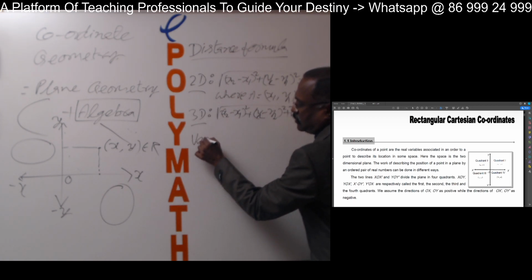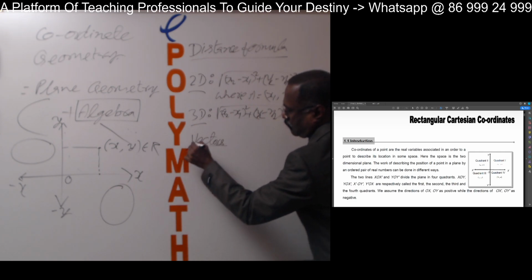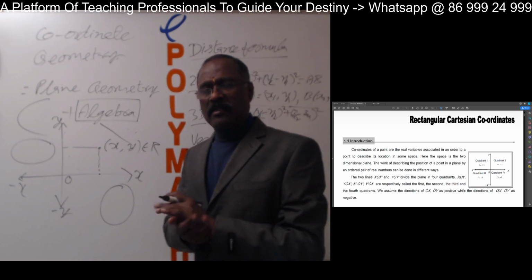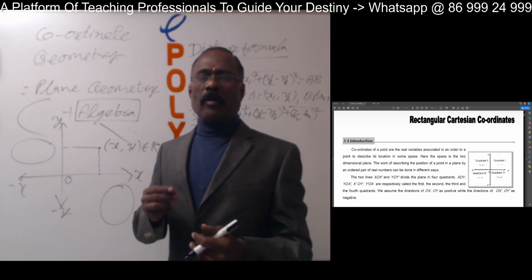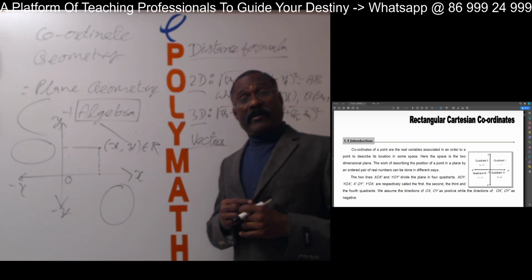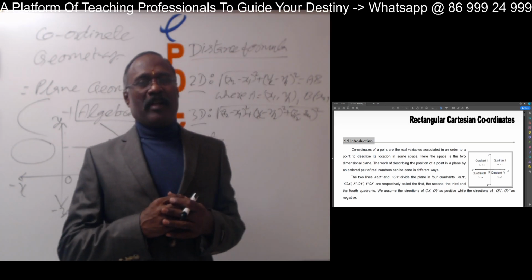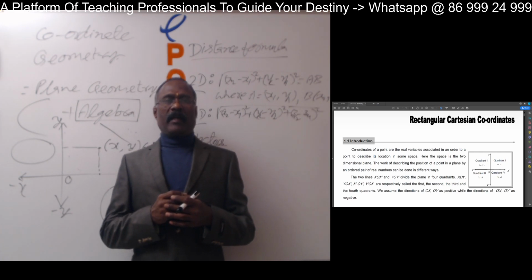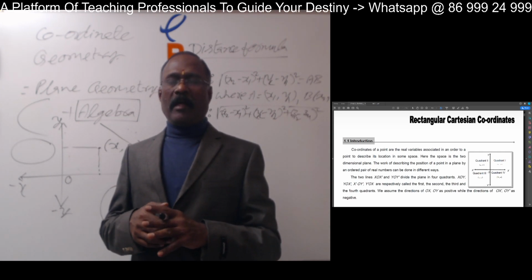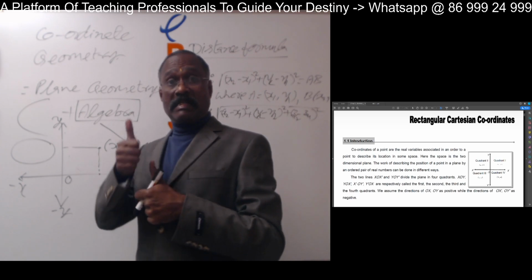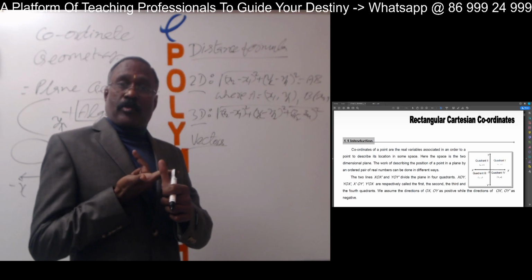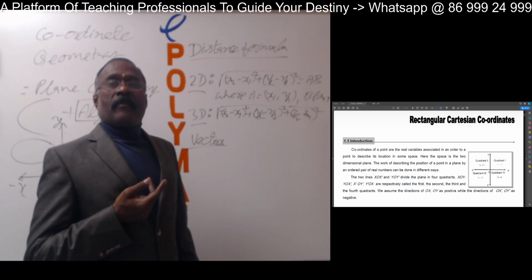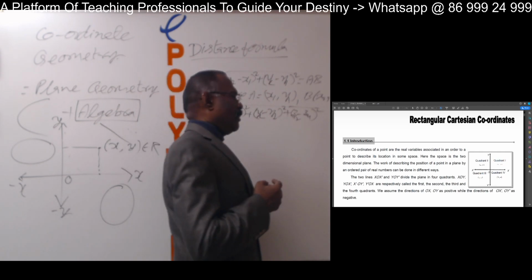In vector algebra, you might have learned, or even if you haven't, no problem, vectors and 3D are one and the same. Only in vectors, you will have i bar, j bar, k bar as unit vectors, which are defined along the x-axis, y-axis and z-axis, mutually perpendicular to each other. So it is also nothing but three-dimensional geometry.